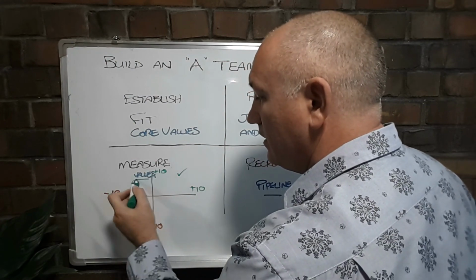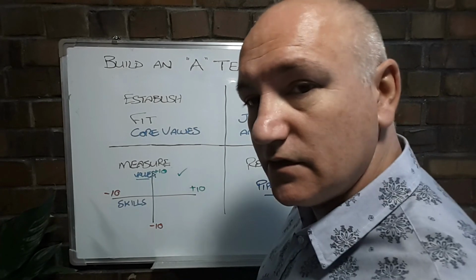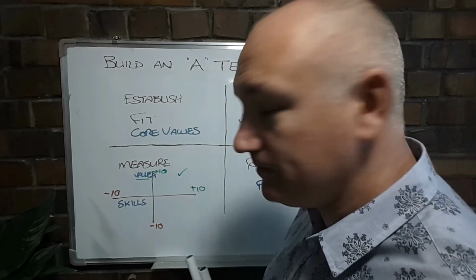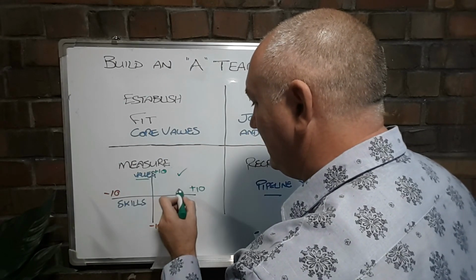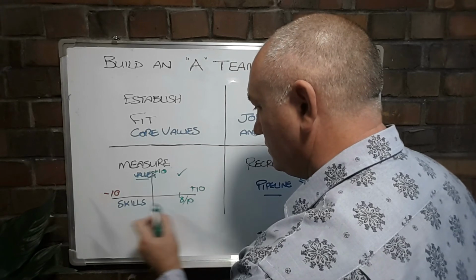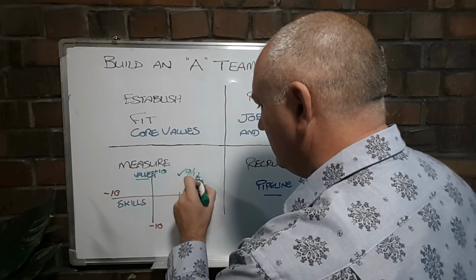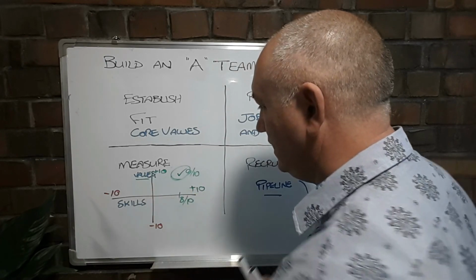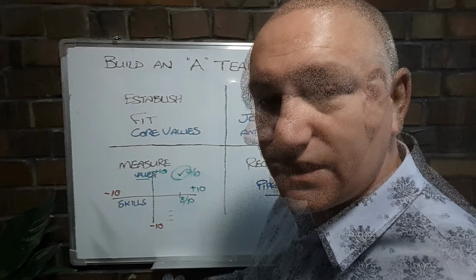They'd have a high level of compliance with our values, so the values attributes are a natural fit for them, and say they're an 8 out of 10 in skills and a 9 out of 10 in values. They'd be sitting here. So it's an easy decision. They are on board and they stay.